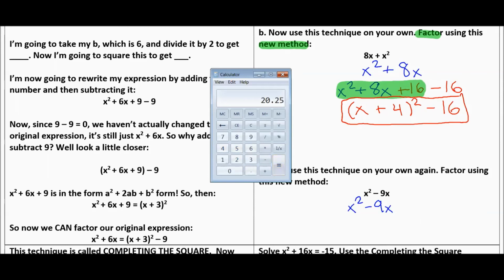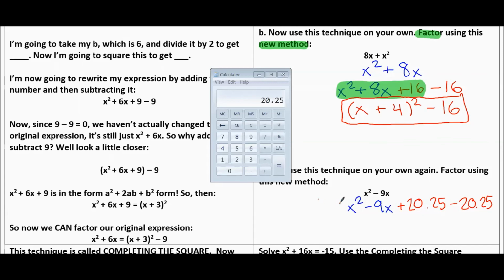So I'm going to add and subtract, and I'll do it in red again. I'm going to add 20.25 and subtract 20.25. There is no both sides. I'm going to add and subtract to make sure that that's 0.